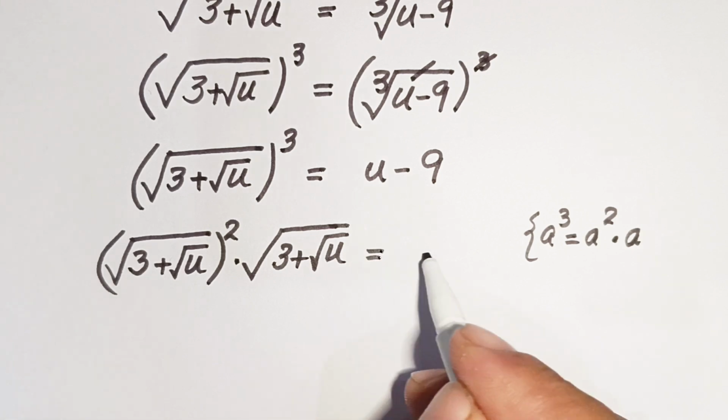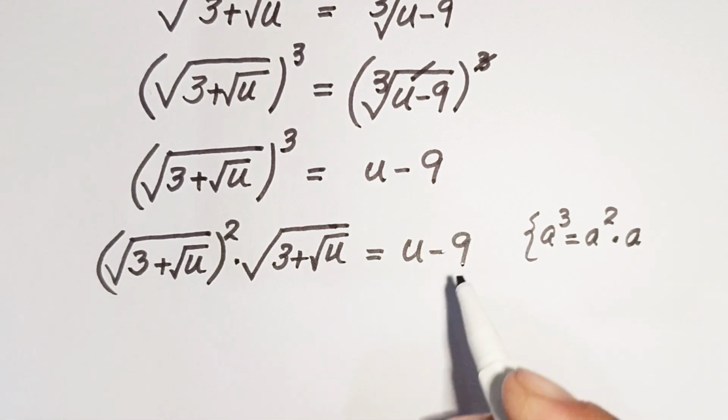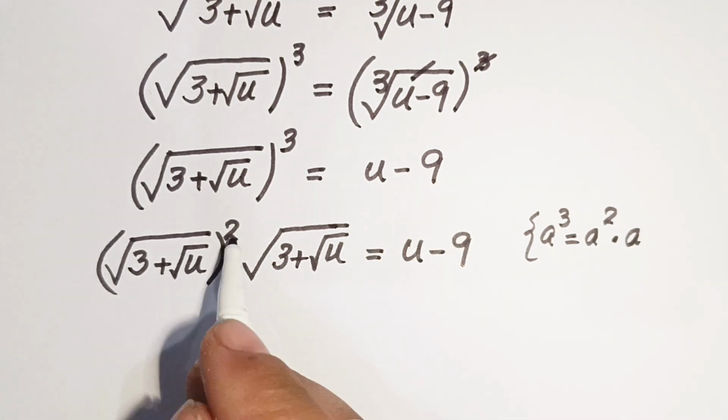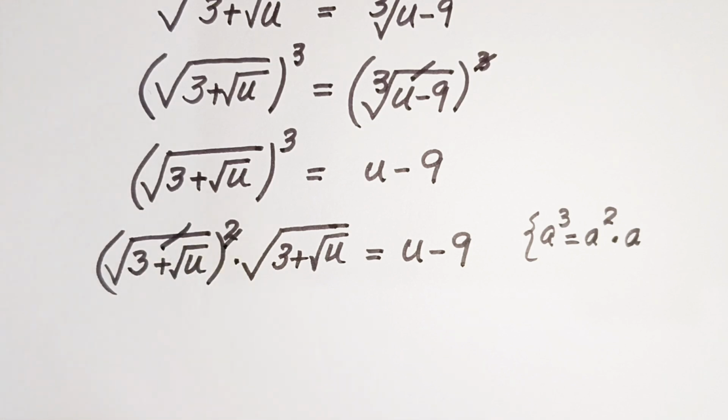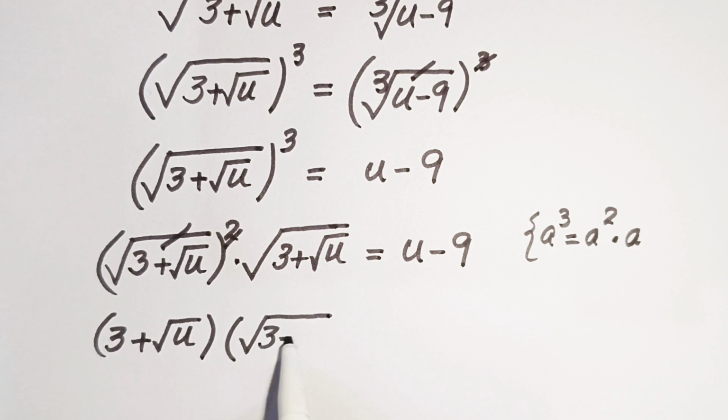Now it is equal to u minus 9. Here the square is cancelled out with the square root, and we get 3 plus square root of u times the square root of 3 plus square root of u, that is equal to u minus 9.